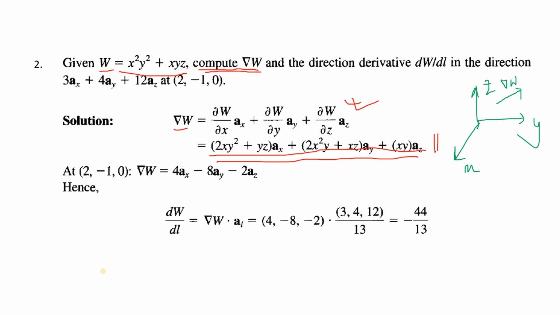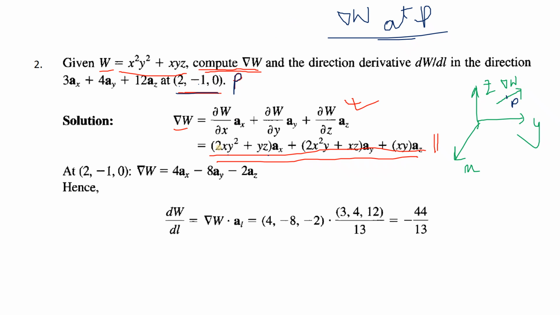Now if this is a vector, and I take a point P on the vector, then what is the value of delta W at point P?